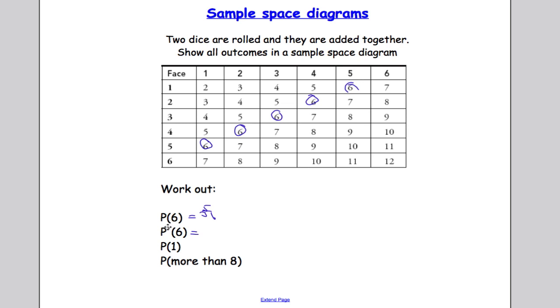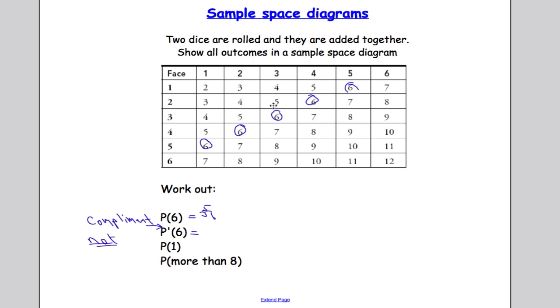Now this little dash here, this apostrophe, means complement. And basically it's another way of saying not. So what we're seeing here is it's saying what's the probability of not getting a 6. Well, there's two ways of doing this.